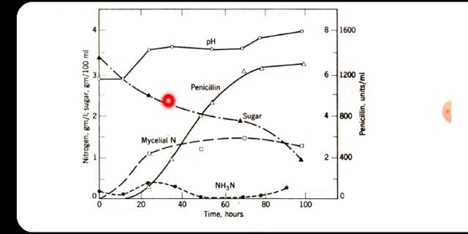This is the sugar depletion graph, total sugar. Total means glucose plus lactose. Initially there is a gradual decrease in sugar concentration that leads to the production of penicillin.